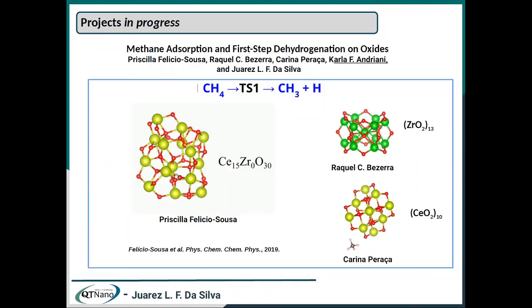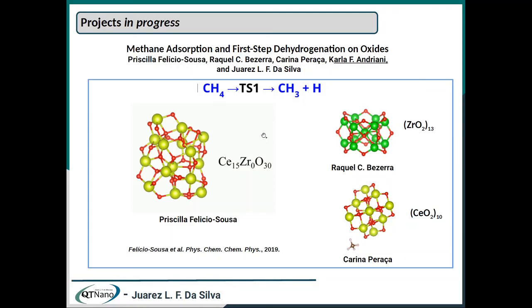We also have interest in methane dissociation and the first hydrogenation on oxides, particularly the first step of hydrogenation, which has been performed by Priscilla on zirconia and ceria-zirconia mixed oxides. Part of this work has also been published in PCCP.